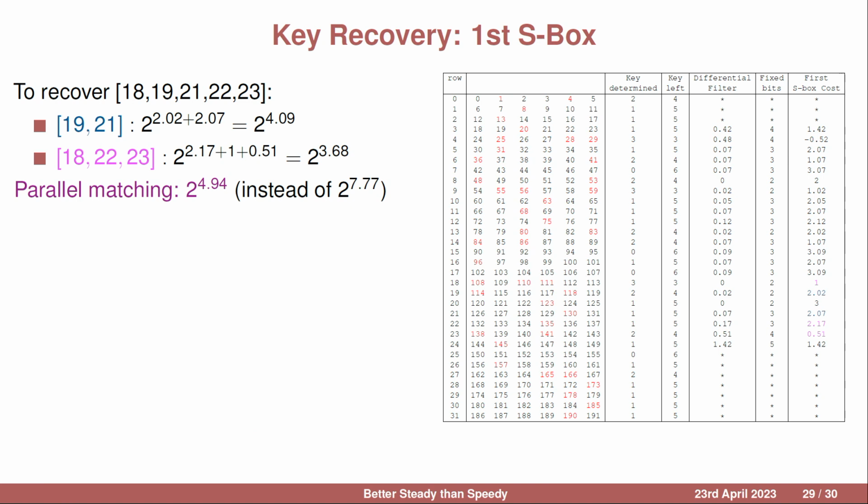By optimizing this, we can see that an efficient way to perform the match here is to guess 19, 21 on one side, and on the other side 18, 22, and 23, and perform a parallel matching. This helps us gain some complexity here. And for the remaining rows, we just do sequential key guessing from row 24 to row 2.